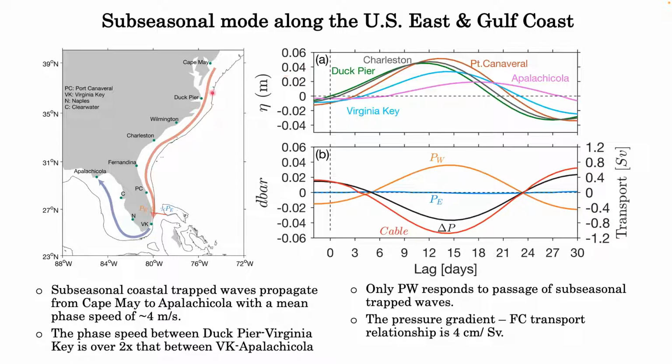So from the upper plot, which shows the regressed sea level anomalies at some select tide gauge locations, it is clear there is propagation from East Coast to Gulf Coast.